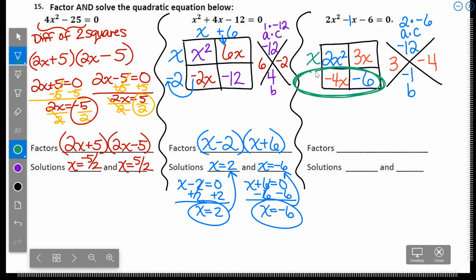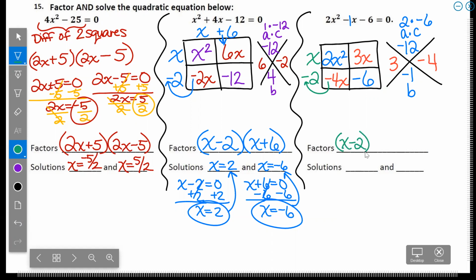It can go in one time, but it doesn't go in a whole number of times, right? Can 6 go into negative 4? No. What number can go into both of them, though? 1 and 2. Remember, I want the biggest thing, so I'm going to go with 2. Will it be a positive 2 or a negative 2? Negative 2. Pulling this negative out right here. So x minus 2.